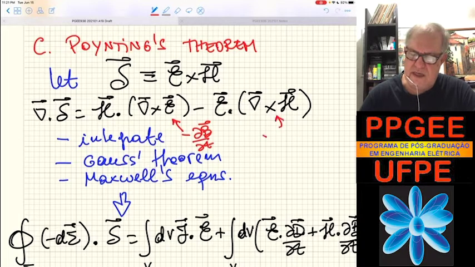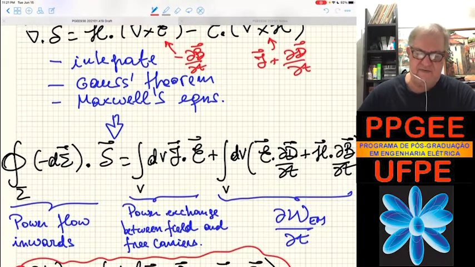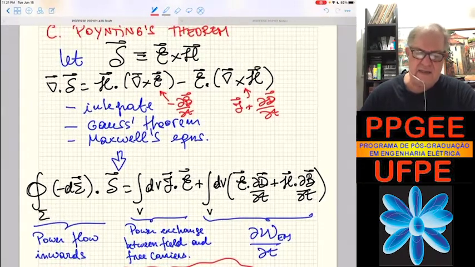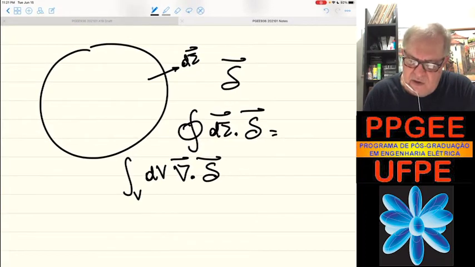This one here is J plus dD dt. Then we have H dot dB dt. Then we have E dot J and E dot dD dt. So we're going to have something like this. Then we calculate the integral of the divergence like this. We are going to calculate this inside.